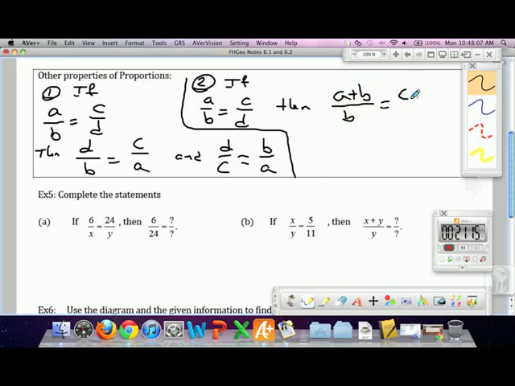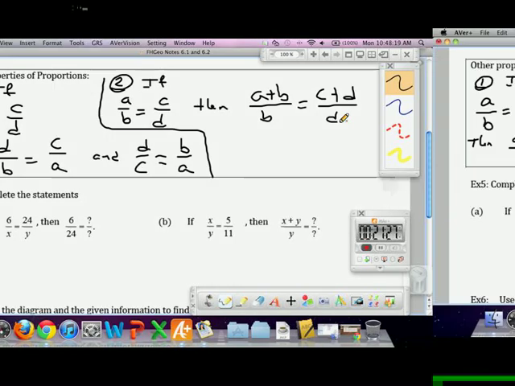If this is true, then you're allowed to add the denominator, or really any multiple of the denominator, to the numerators, and you still get a true proportion.